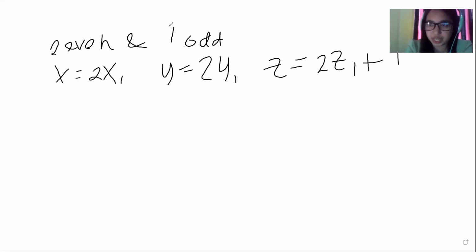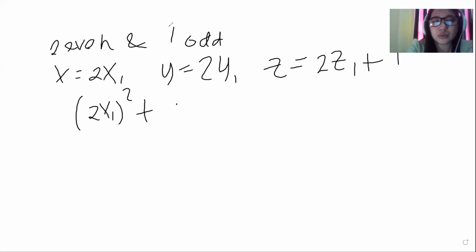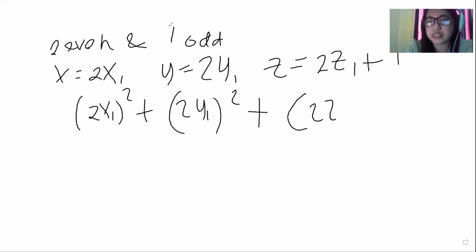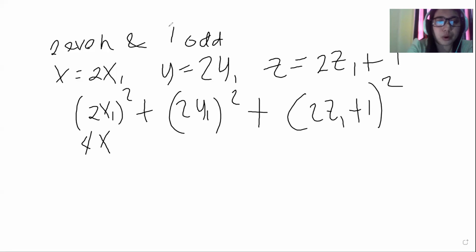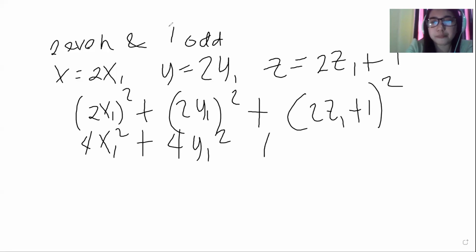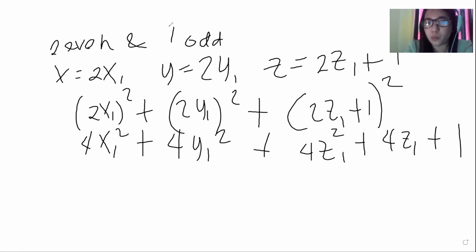By substituting it in our equation again, this is equal to (2x sub 1) squared plus (2y sub 1) squared plus (2z sub 1 plus 1) squared. So answering this, we have 4x sub 1 square plus 4y sub 1 square plus 4z sub 1 square plus 4z sub 1 plus 1.